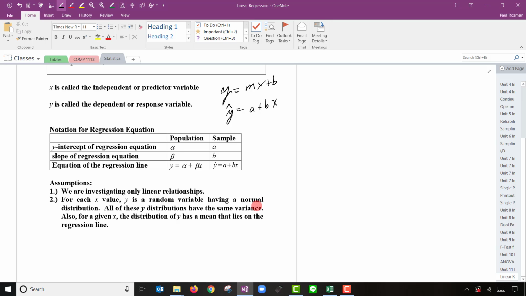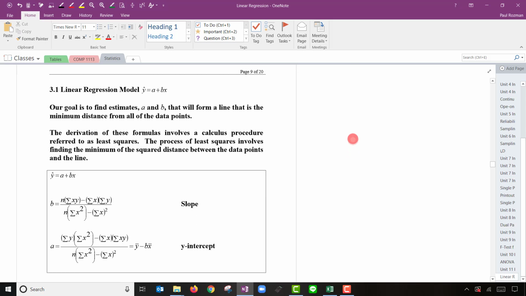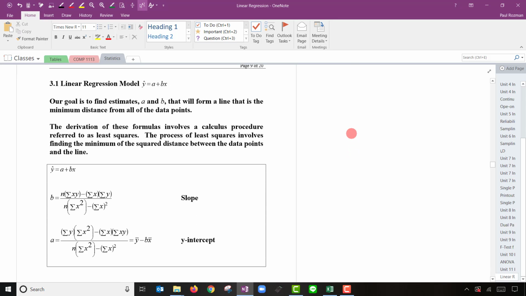So we're going to come up with formulas for little a and little b, which approximate the actual values for alpha and beta. So here they are. Again, kind of nasty formulas. I didn't derive the ones for the correlation coefficient. I don't think I'm going to derive these either. They come from a method called least squares.